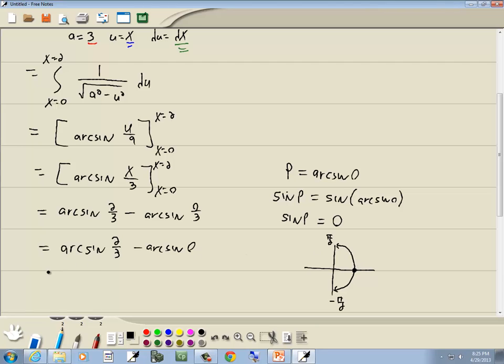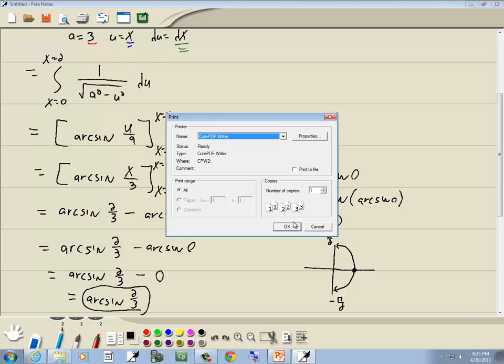So that would tell us that this becomes arcsine of 2/3 minus 0, which just gives us arcsine of 2/3. And that's our answer. Now, when I said it's equal to 0, that means we just found what p is. And p is what we said equal to arcsine up here. So let me go ahead and save that.